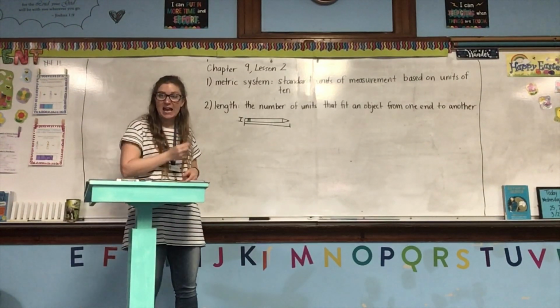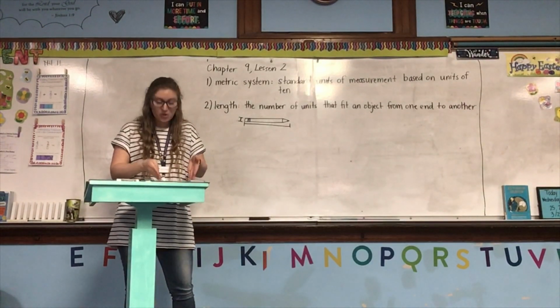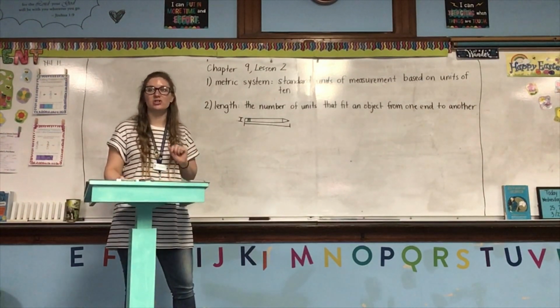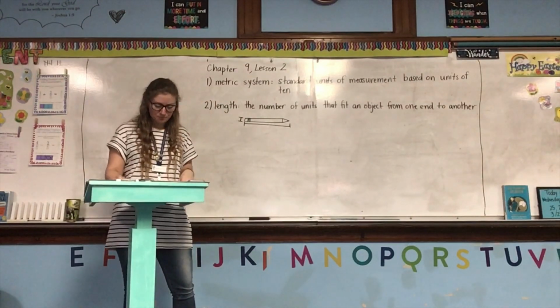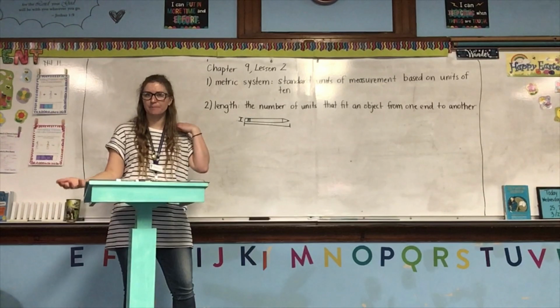That means that 10 of those little units, the centimeters, can fit from one end to the other. The green crayon is measured in inches. And there's about 4 inches that can fit between the pointed end and the flat end. They're about the same. 10 centimeters and 4 inches are about the same.